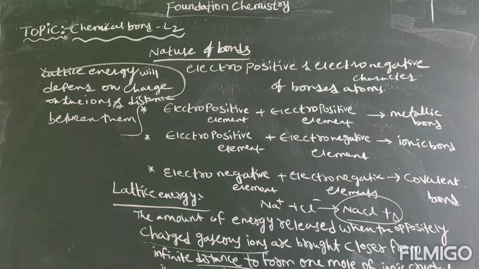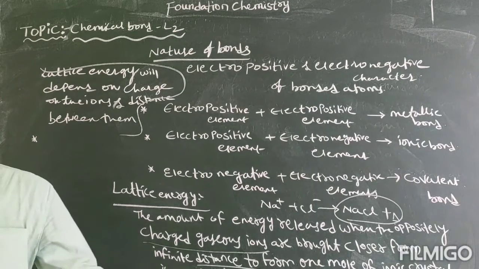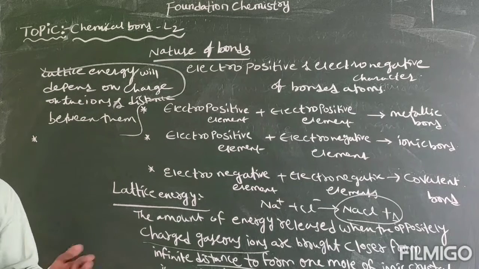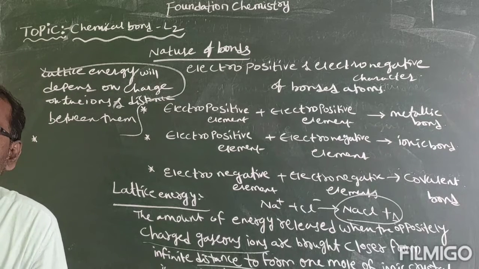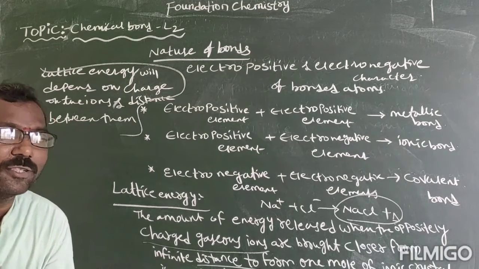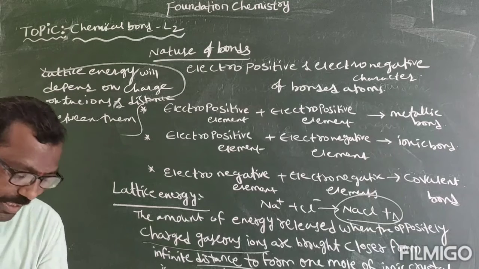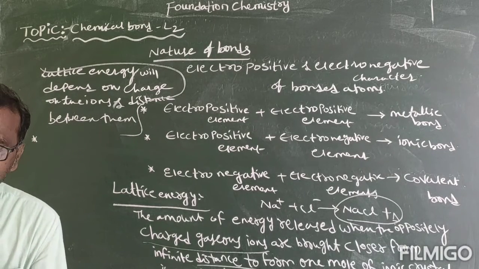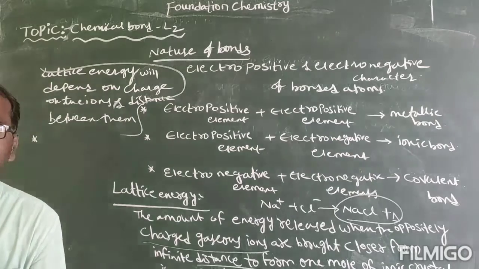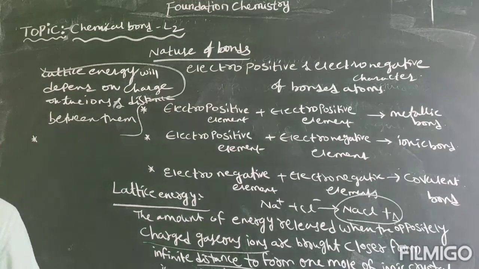One is cation and one is anion. When an atom loses or gains electron or electrons, it attains a certain charge, and that charged particle we call an ion. Lattice energy also depends upon the size of the ion.